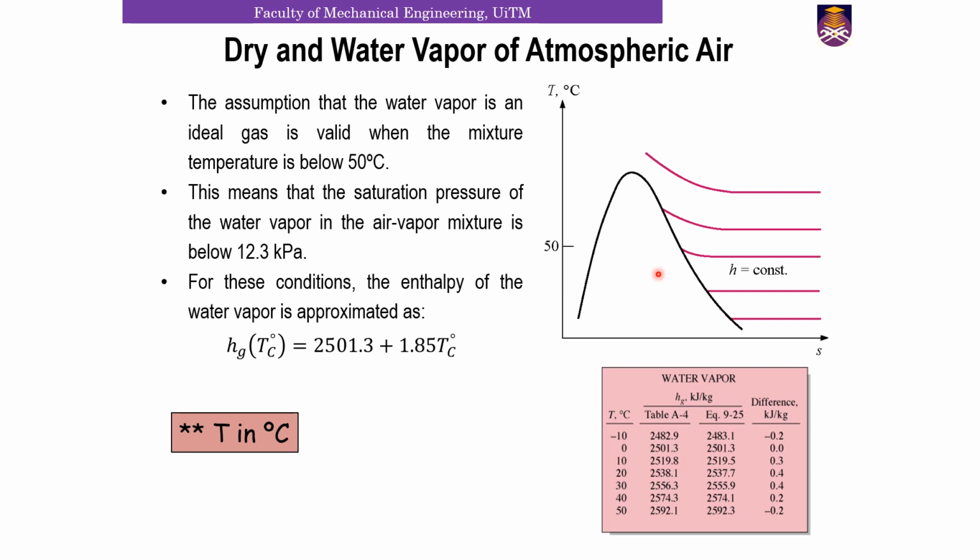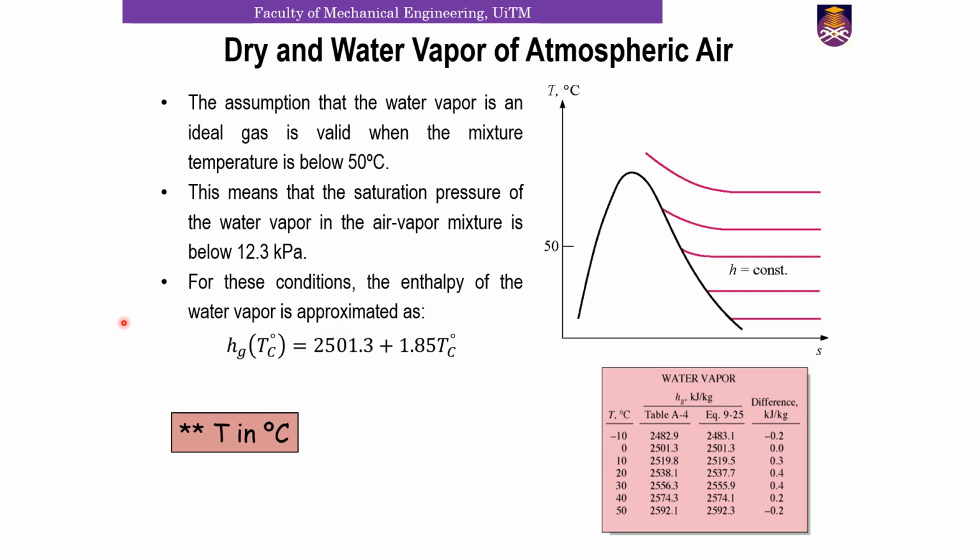So for these conditions, the enthalpy of water vapor can be approximated based on this formula. Since, as we've discussed, the saturation pressure of water vapor in the air mixture is low, we can say that the temperature is always below 50 degrees Celsius.